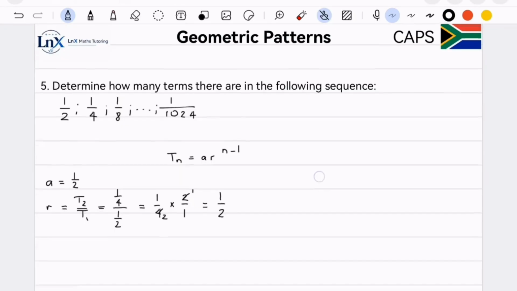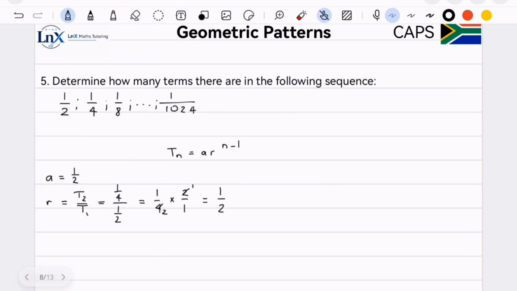All right. So now that we have that, we can determine our general term equation for the sequence, which is going to be Tn equals A, which is half, and our common ratio is also half, to the power n minus 1.